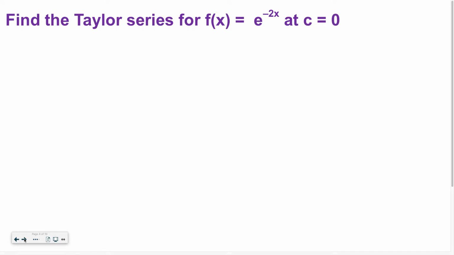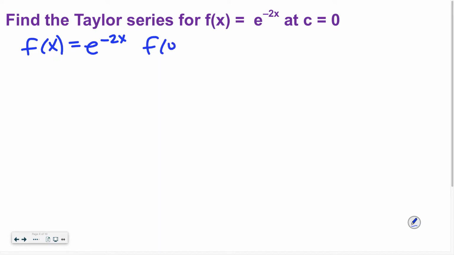Perfect. Write this down. Okay, so our function is e to the negative 2x.